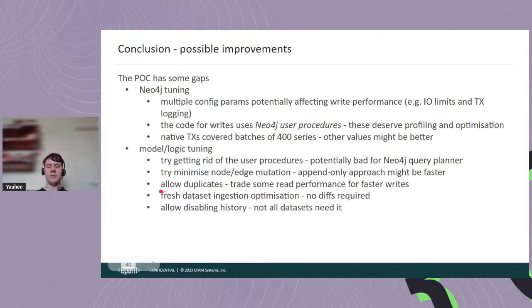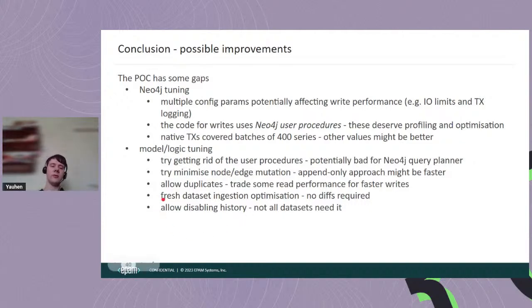Also, it could be possible to develop a lighter version of the ingestion algorithm for the case when we deal with an empty data set and ingest data to it from scratch. So in this case, we don't need to perform diff logic again.